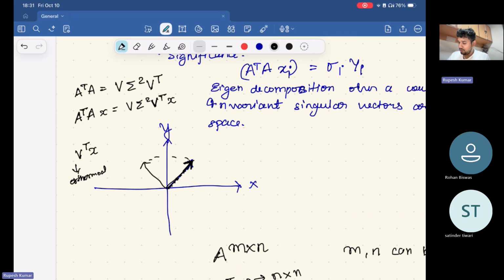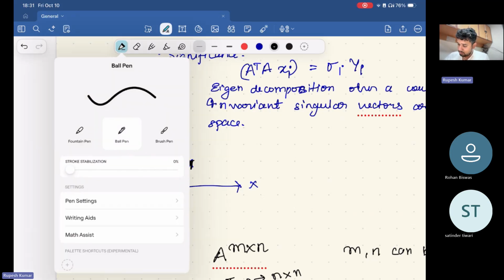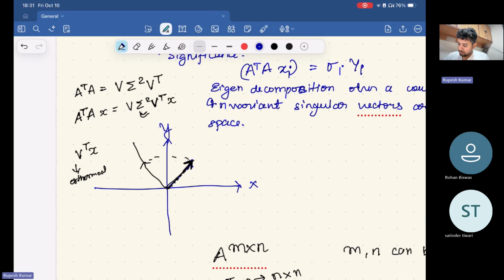Now you are multiplying this vector with a diagonal matrix, which essentially contains positive diagonal elements. So it will scale this vector by some amount. So let's say it has scaled it to become this big, right? Now V multiplies this scaled vector, let's call it x dash. So what will V x dash do?